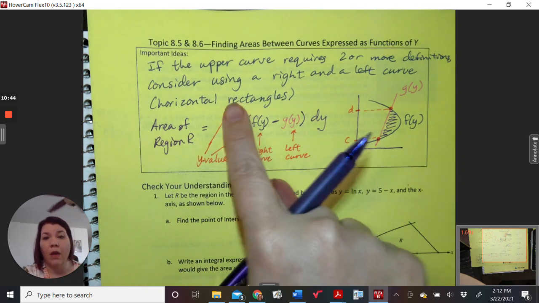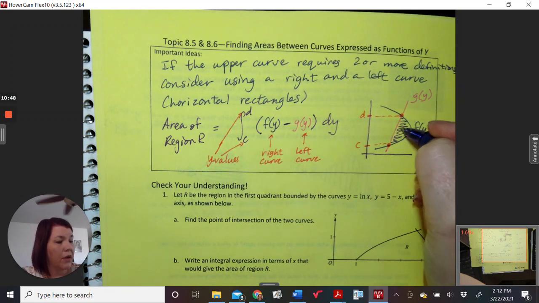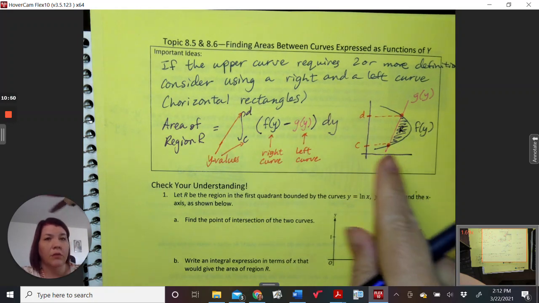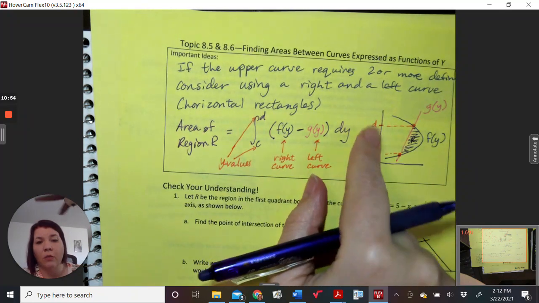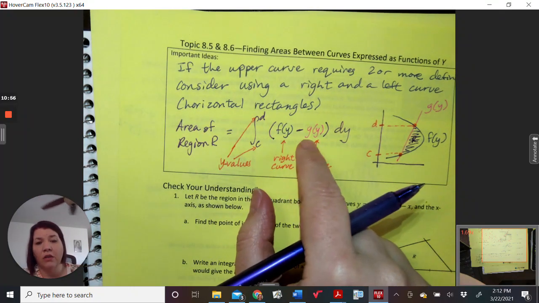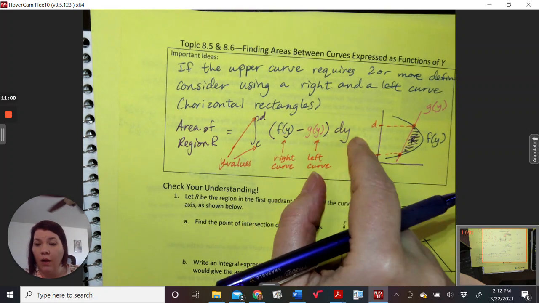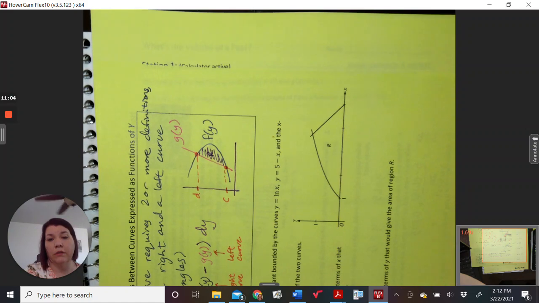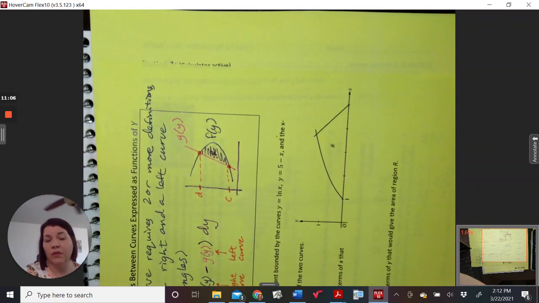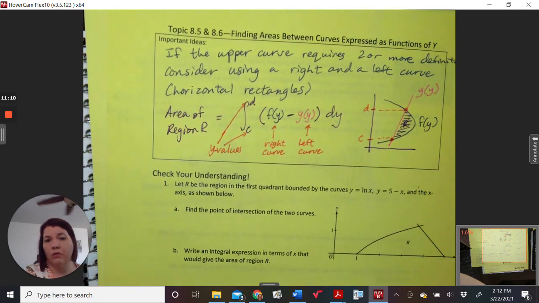When we do the area of region R, we go from c to d, which in this case are y values, with f of y and g of y dy. So these are functions of y, and then if I go like this, hey, I have functions, no problem. And it's just the same. It just gets a little bit switched and confused. And there you have it. We'll talk again soon.